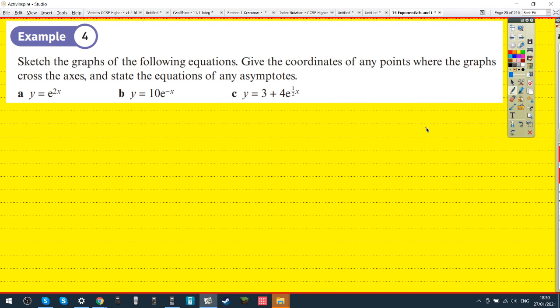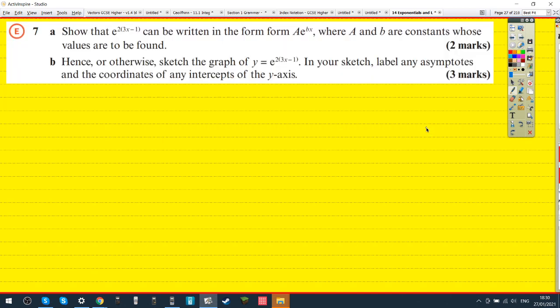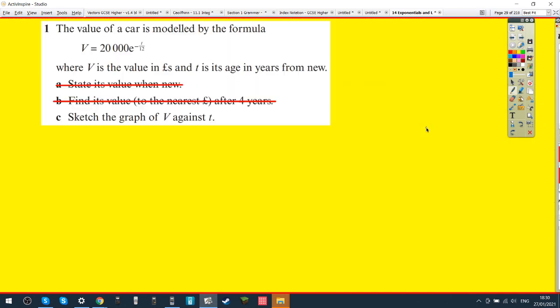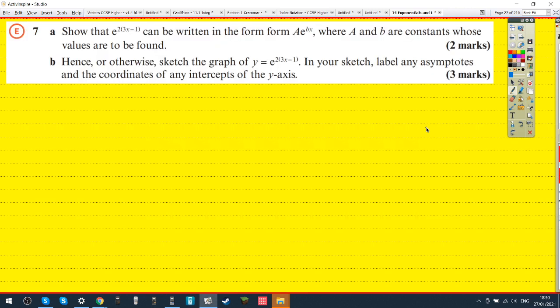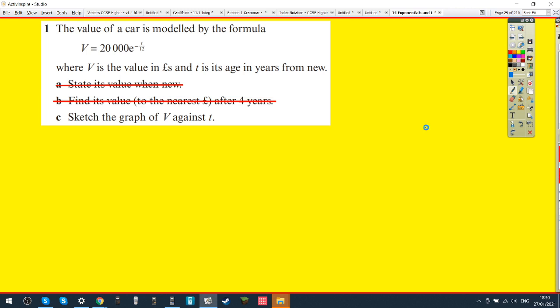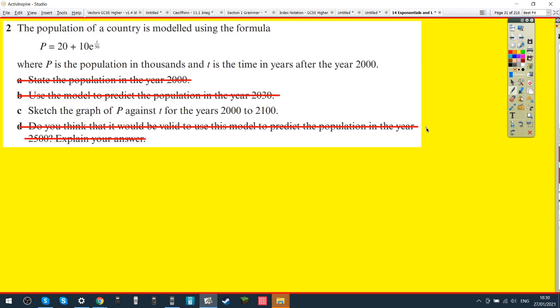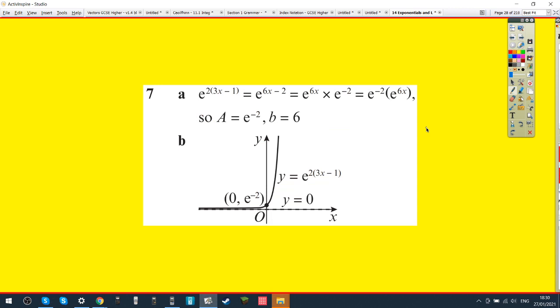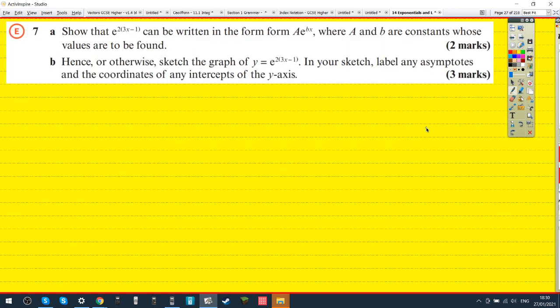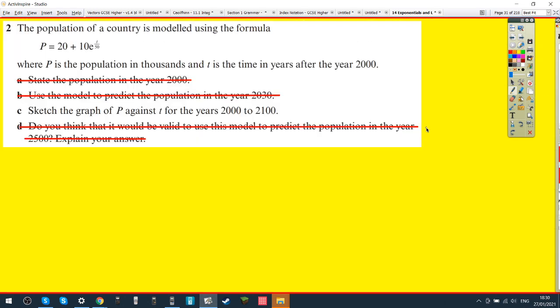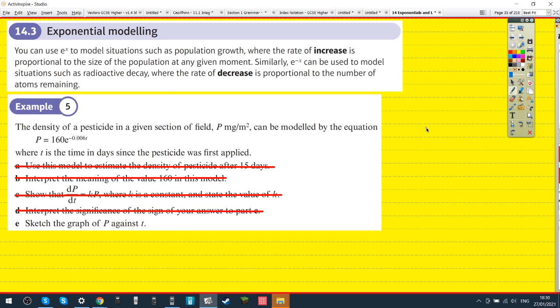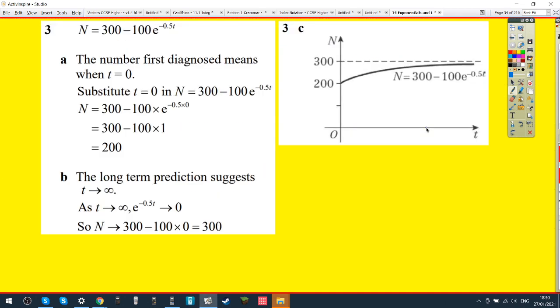These are the graphs, I'm not going to bother. Hence or otherwise sketch the graph. I'll go back and sketch the graph if I have to. No, we better do it. Let's see if I can skip the sketching thing. Okay, that stuff so far.